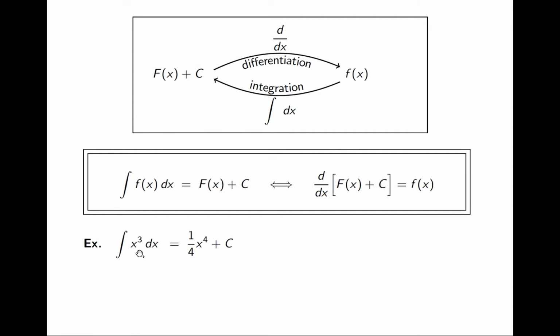The integral of x cubed dx equals 1/4 x to the 4th plus c. That's the set of all antiderivatives of x cubed. If you take the derivative of this, you're going to get the x cubed, just like if you take the derivative of this, you get the little f of x.